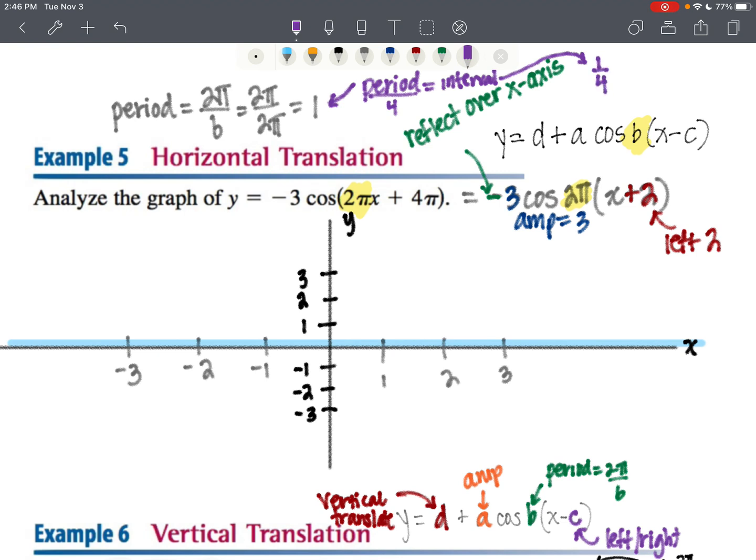So I'm going to start at left -2. That's going to be right here. And then my horizontal length of 1 full cycle is going to be a distance of 1. So there's my distance of 1. And then here I'm going to have to make more intervals. So I'm going to have 1/4, another 1/4, another 1/4. And that's going to continue. 1/4, another 1/4, another 1/4. And that's all because of this 1/4 right here.